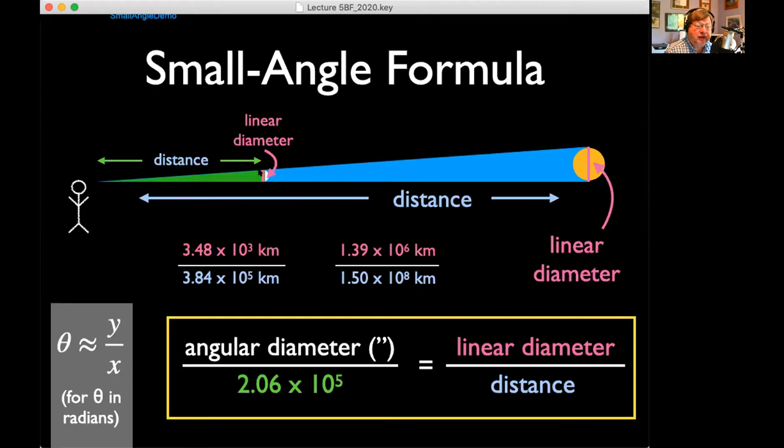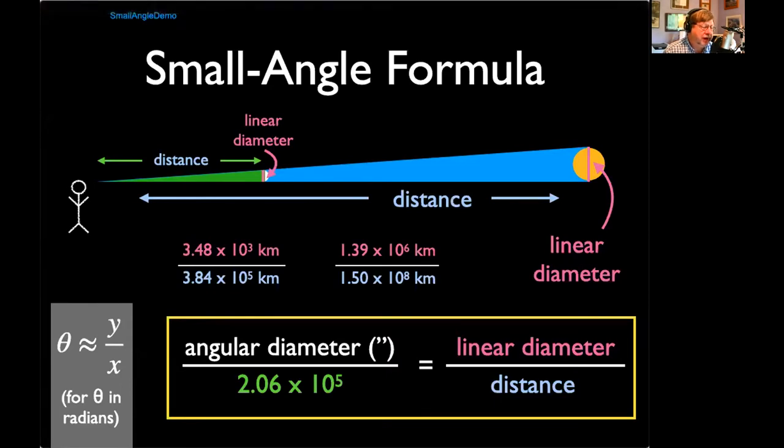So here we have a small thing that's close and a large thing that's far away, but they subtend the same angular size on the celestial sphere. Just because something looks large or small on the celestial sphere, it doesn't really tell us whether it's really large or small, because we don't know the distance. Only when we can calculate the distance can we actually calculate its true size.